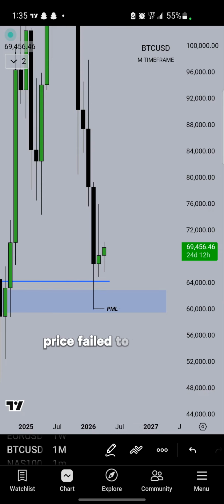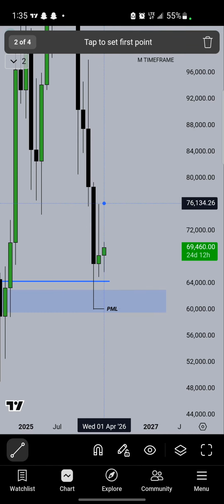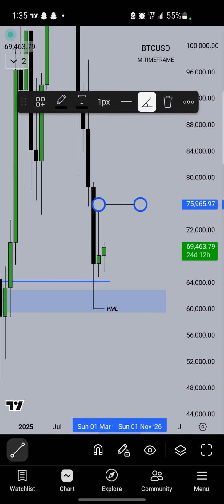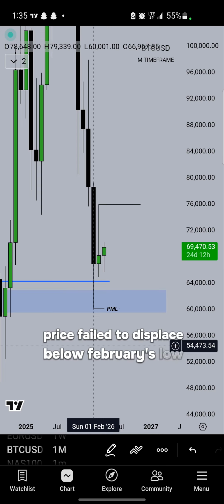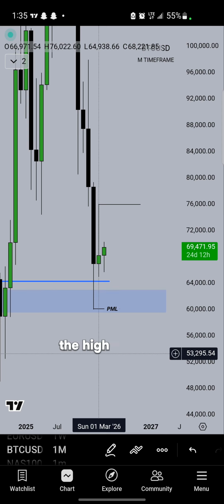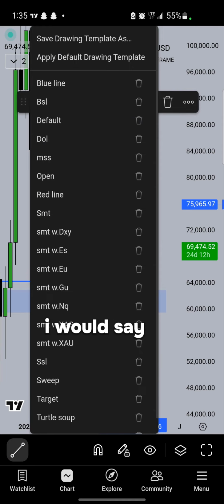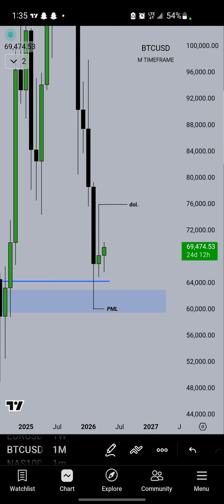Price failed to displace below this green candle, which was February's low, making the high of March the next target. So I'd say this is my short-term draw on liquidity.